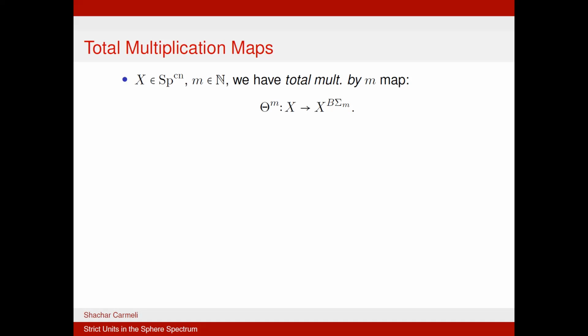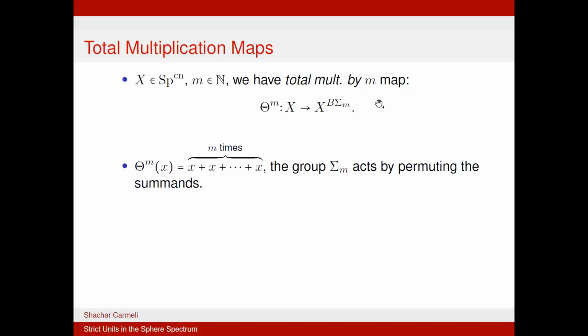The reason is that if we sum up m elements, then we have the freedom to permute them. This is part of the data of being a commutative monoid. And because they're all the same, this turns into self-symmetries of the sum. So we get a map that refines to a map to X to the power of BΣ_m, in the sense that spectra are powered over spaces.